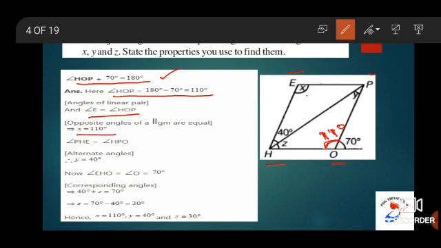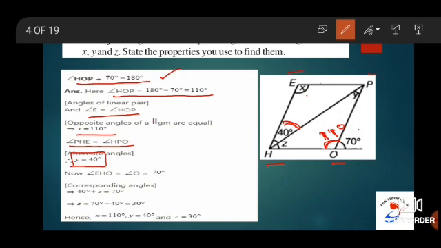Now next it is angle PHE. So angle PHE, that is this 40 degree, is equal to angle HPO, because they both are alternate angles. So now the value for Y is equal to 40 degree.